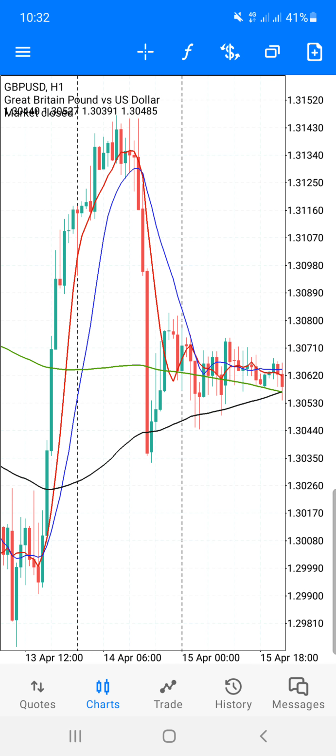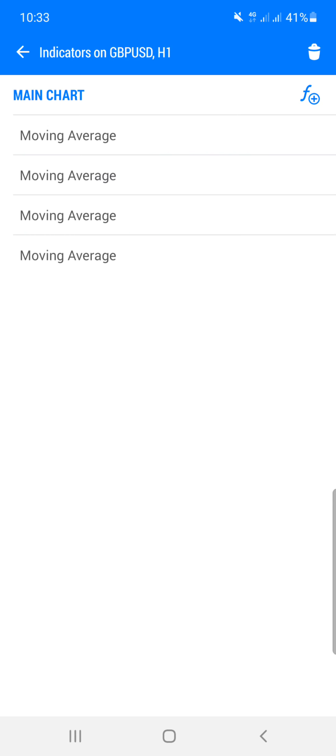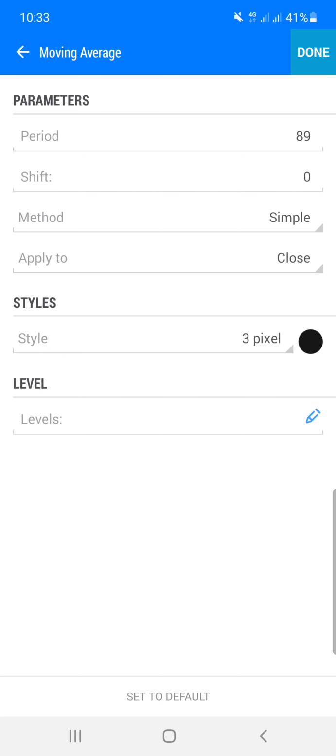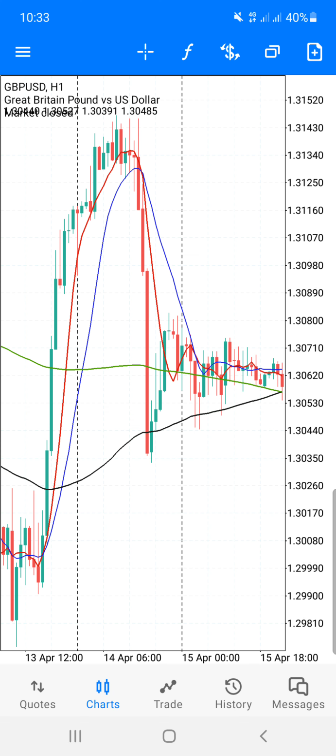Now, the 89 moving average, which is the one that is black, tells us when we are entering a new trend, either from the uptrend to the downtrend or from the downtrend to the uptrend. While the 200 moving average, which is the green, tells us the particular trend we are in, if we are in an uptrend or we're in a downtrend.